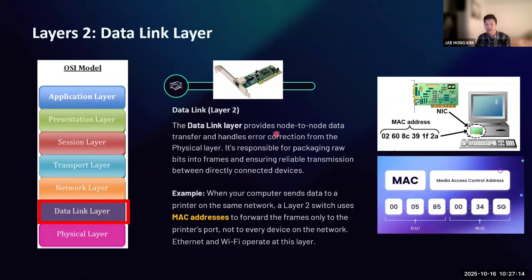In the data link layer, within the same network, devices look for a target device based on the MAC address. For example, in your home, office, or school, there is the computer you're using. If you want to use printer functions, your PC finds the printer based on the MAC address. This is happening in the data link layer, layer 2.